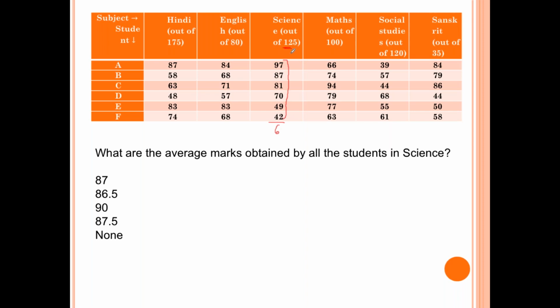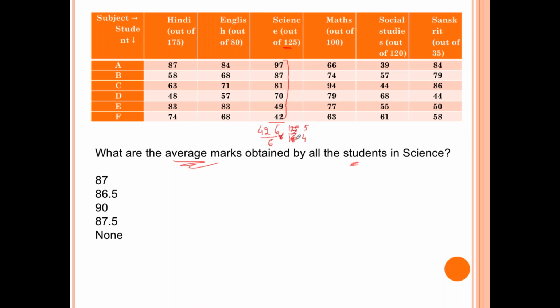How do we do that? Because it is asking about the average marks, not the percentage of marks. So what we will do is: this is 7, 14, 15, and 6 will be here. It is 26 to carry, and then 17, 25, 25, and 15 is 40, and 426. 426 divided by 6, into 125 by 100, which you can straight away write as 5 by 4.